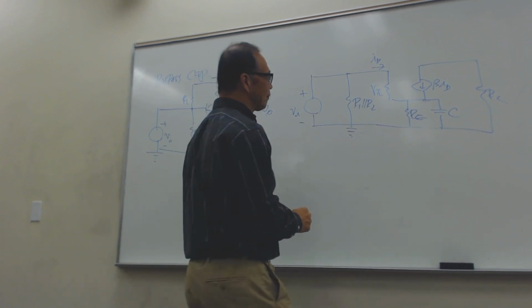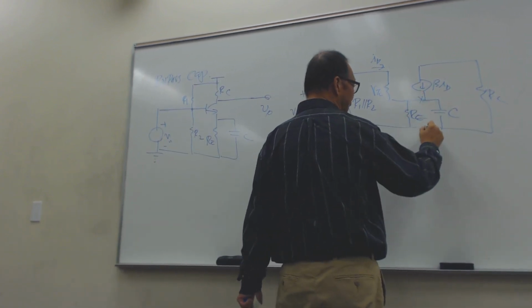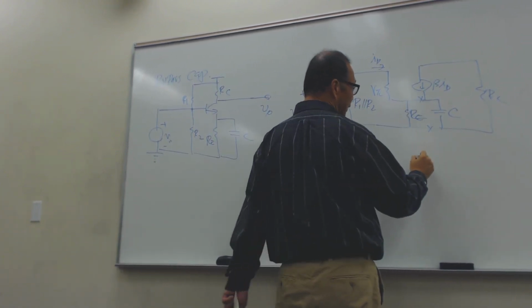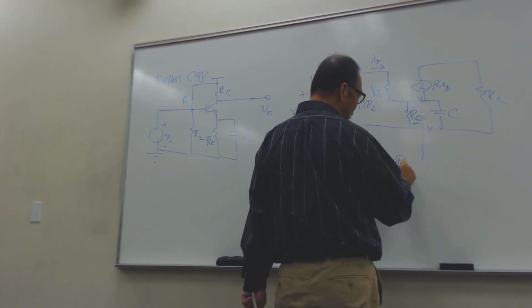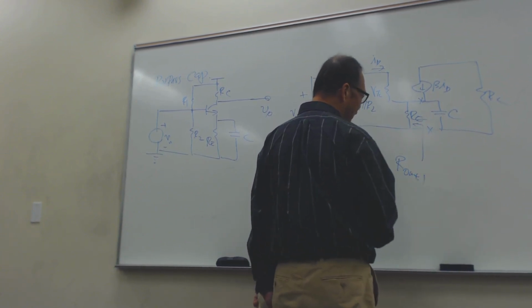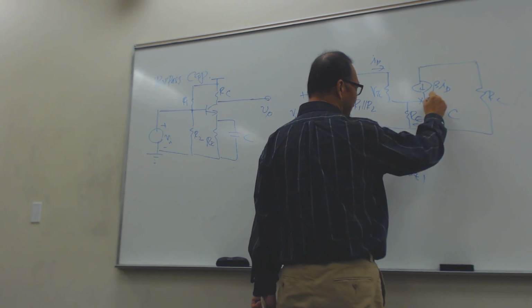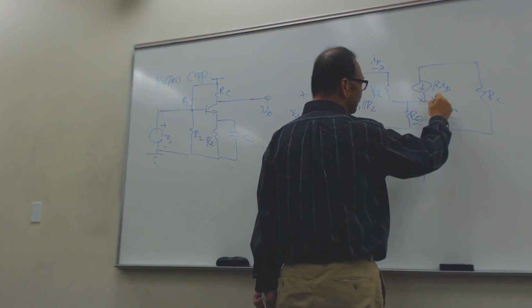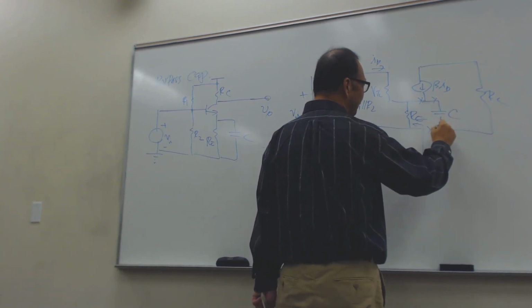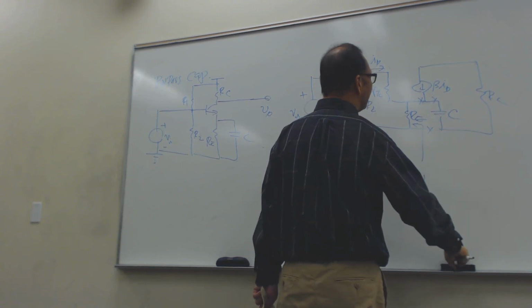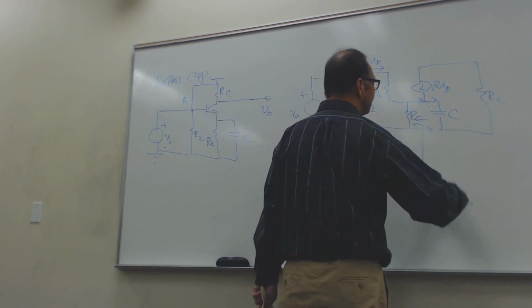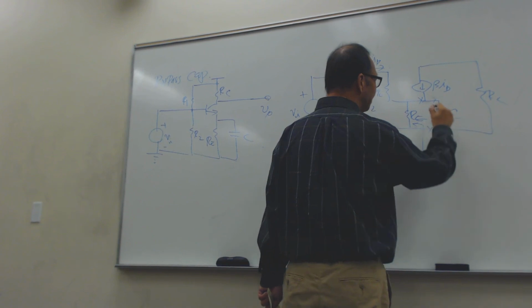Then you will say, okay, if I use the shortcut, then I can look in this side, call this R1, can I? Then I can try to look the other side. I don't know how to do that. But they're both sides, right? Correct?